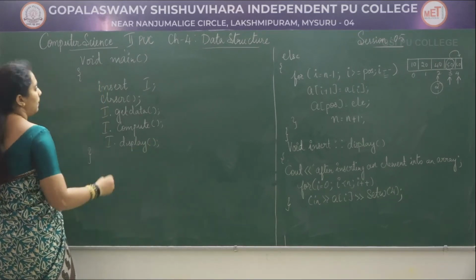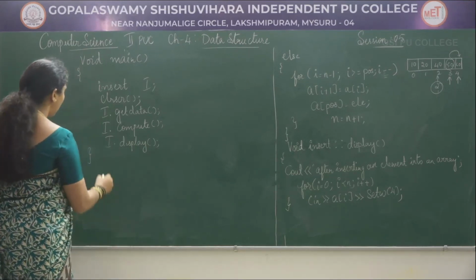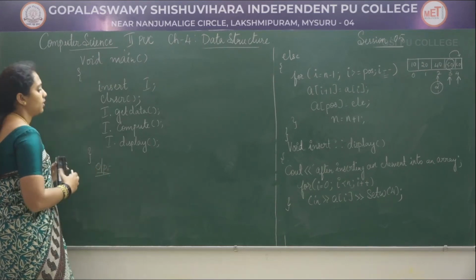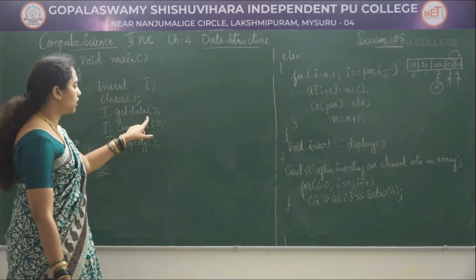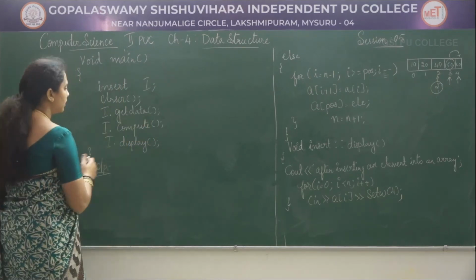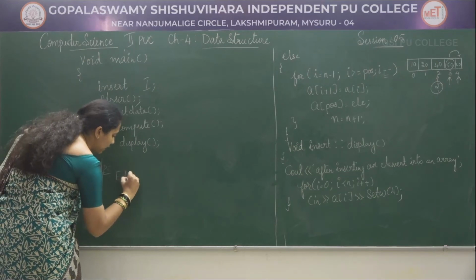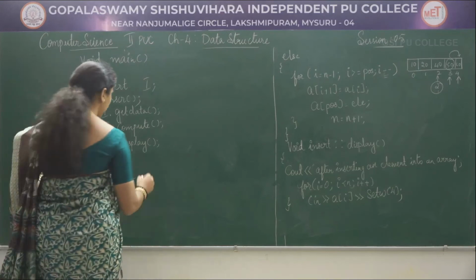Close this main function. So what is the output for this program? So I dot getdata, the getdata function is called. In the getdata function, first we are asking the user to enter the size of an array, right?